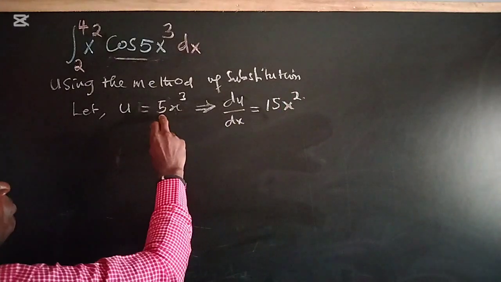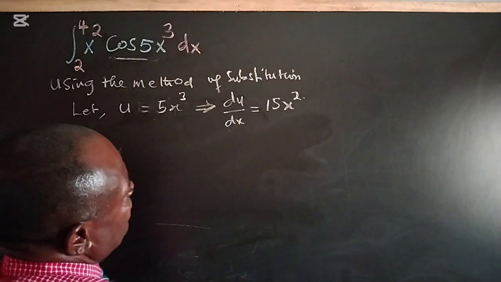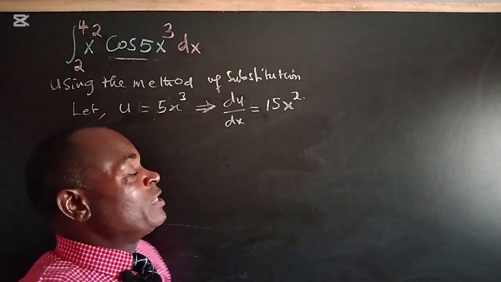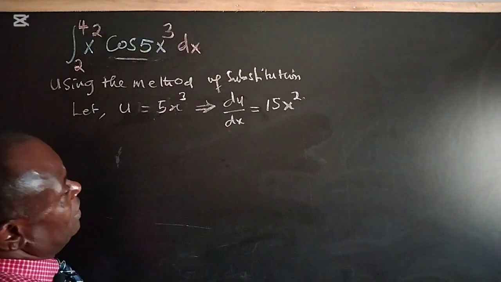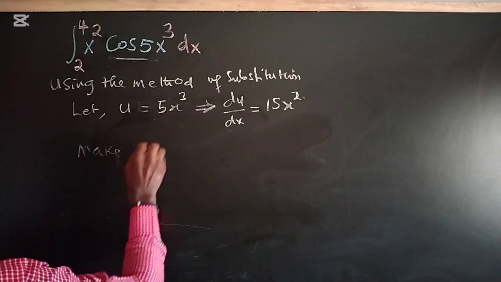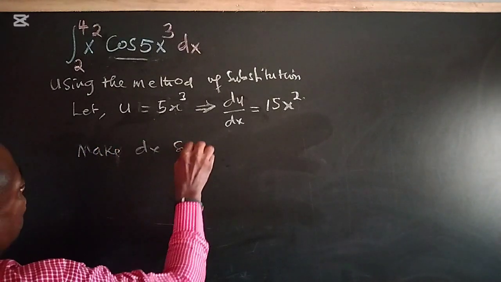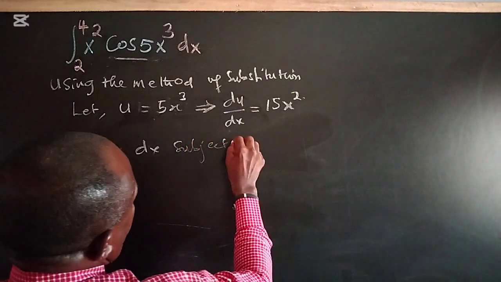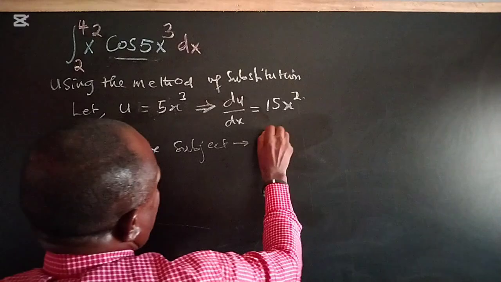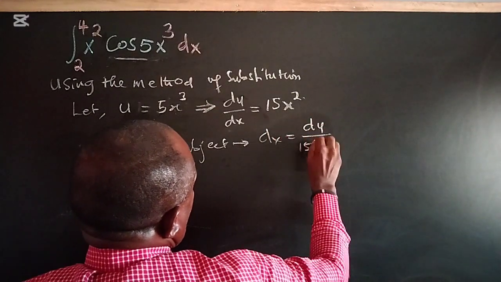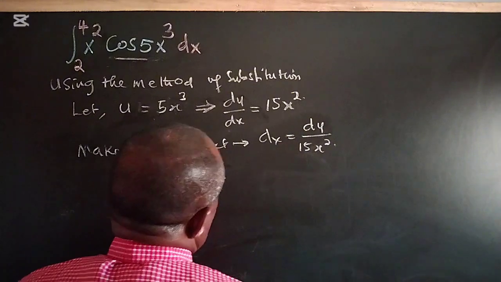If you differentiate this with respect to x, it will give you 15x squared. Of course, by now we should all be acquainted with the process of differentiation. All right, make x the subject here. So what it means is that our dx will be du over 15x squared.